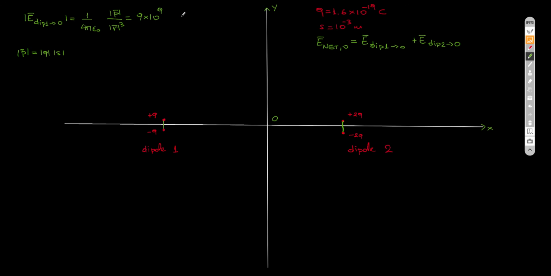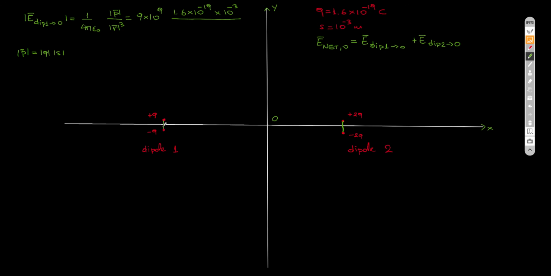So now P, this is dipole 1, I have only plus 1Q. So it will be 1.6 times 10 to the minus 19 times S, which is 10 to the minus 3. And then divided by the distance.